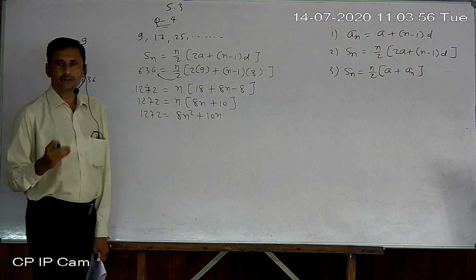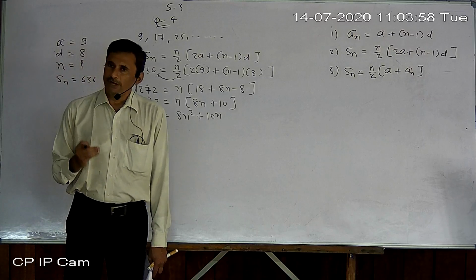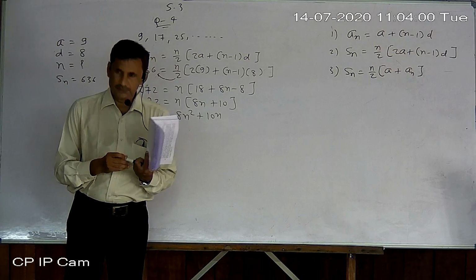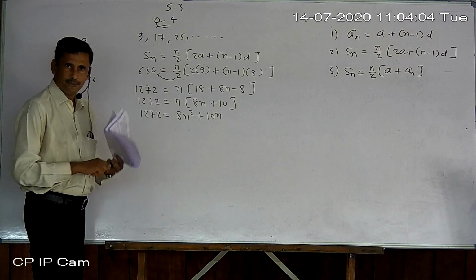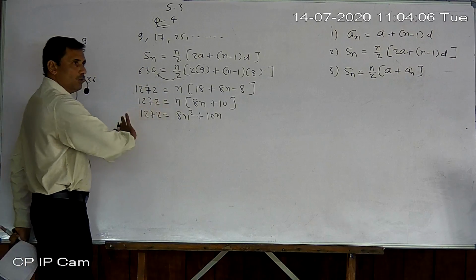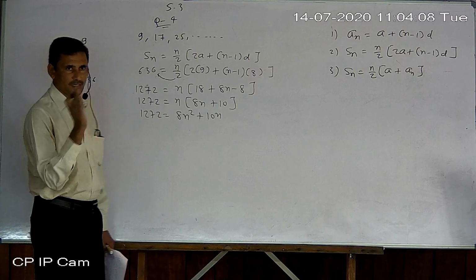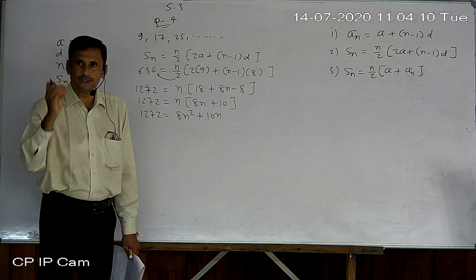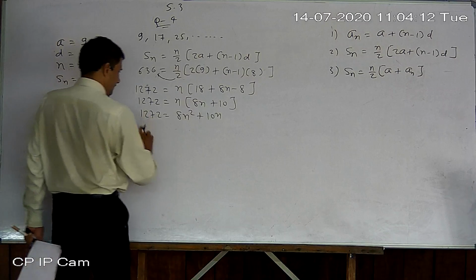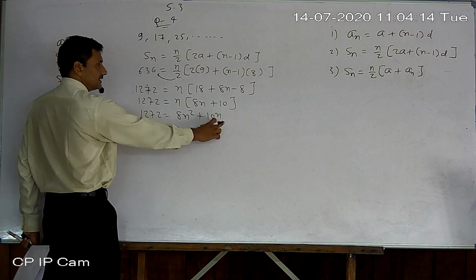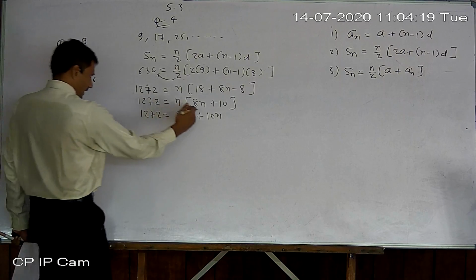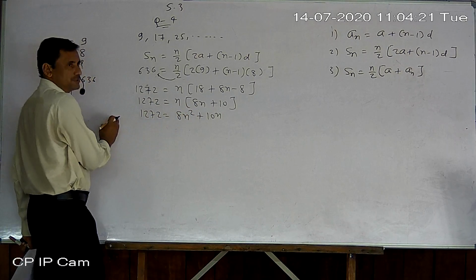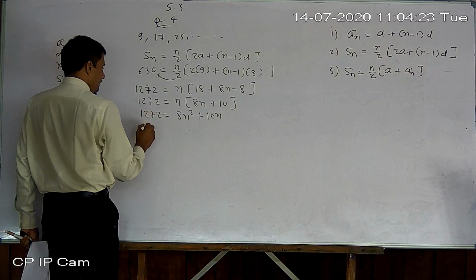Yesterday I taught you that whenever a quadratic equation is formed, it should be in standard form. Standard form means all 3 terms are on the same side and equal to 0 always. So I set this number towards the right side. Why? The first term should be positive. Otherwise I could set both terms here also, but it is not advisable.